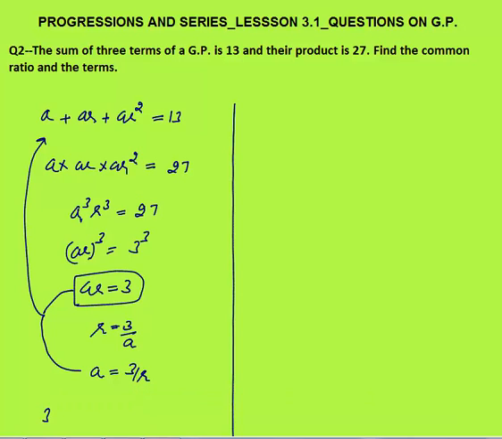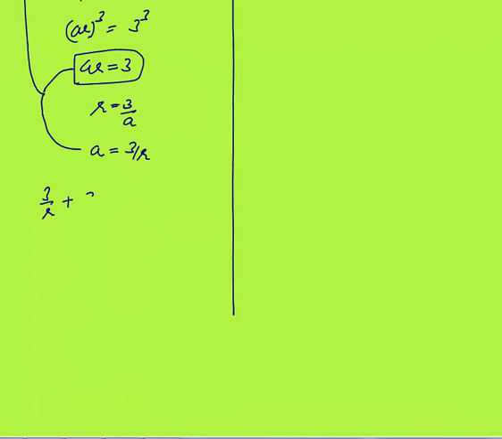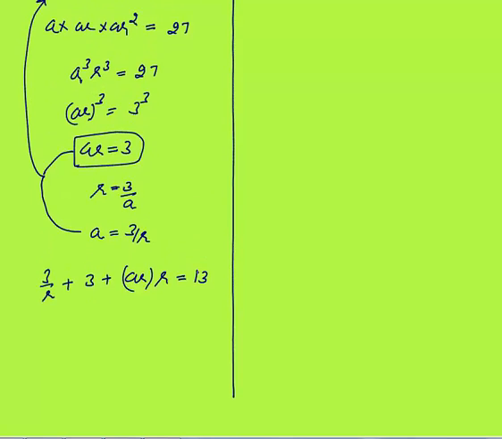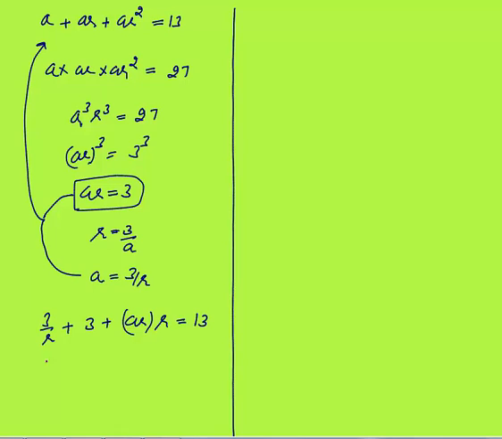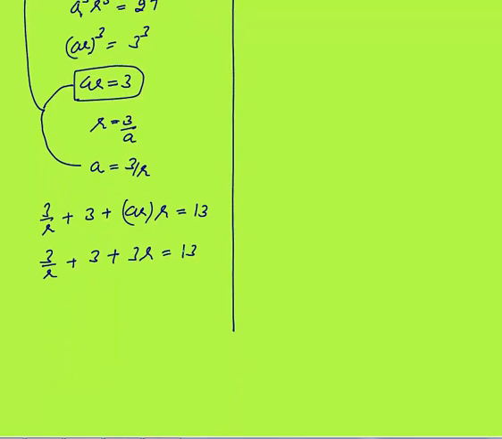A is 3 by R, AR is 3, and AR square is AR into R. So 3 by R plus 3 plus 3R equals 13. Now this will be a quadratic equation. You need to solve this and you can get the value of R.